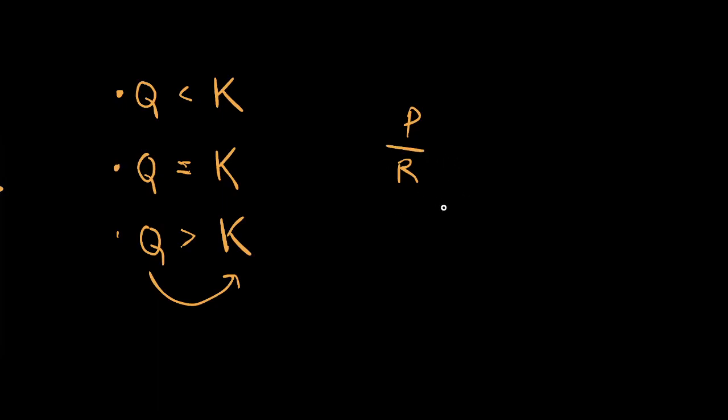So that means here you're just going to shift in the reverse direction. Here we're going to shift in the forward direction. Here there is no shift happening at all. But here, when our Q is greater than K, in order to reach equilibrium, the reaction shifts in the reverse direction, producing more reactants. How are we producing more reactants?